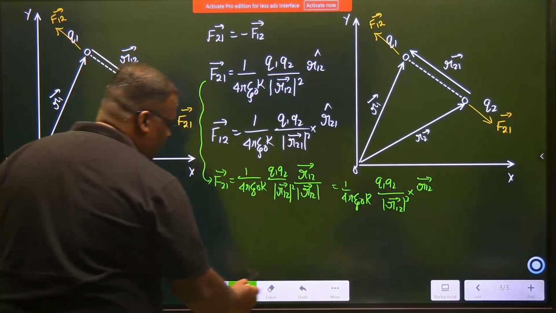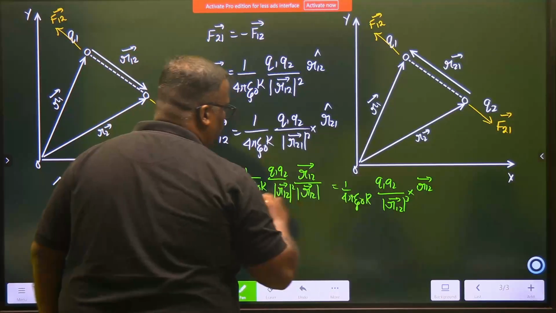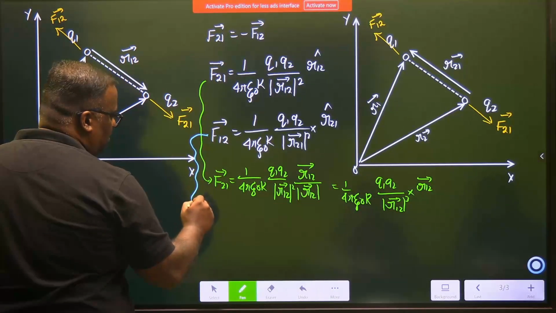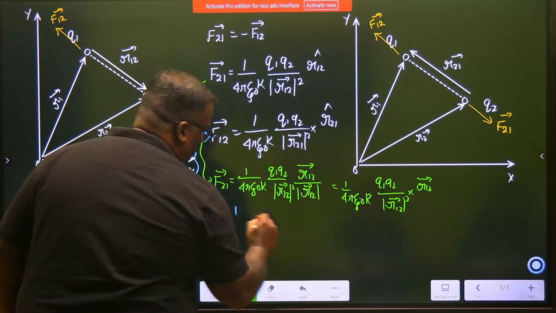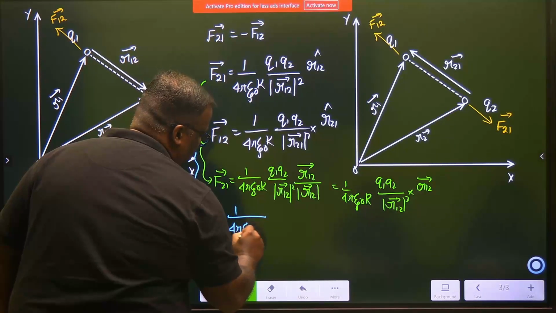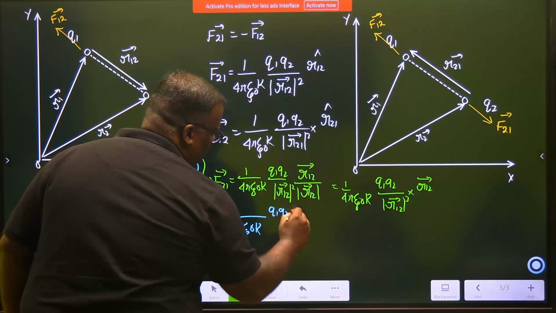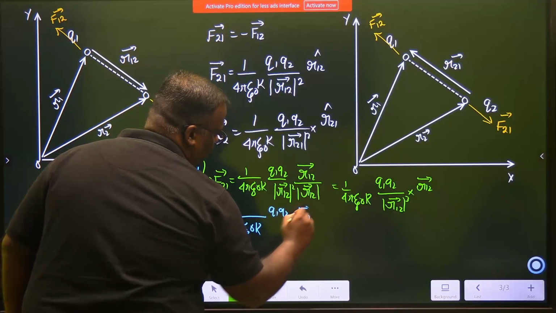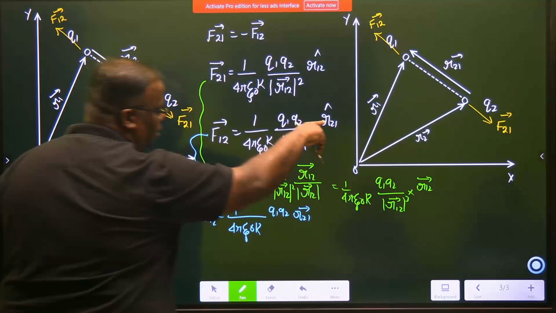And similarly, in the same lines, this force can be now represented as F12 vector equal to 1 upon 4 pi epsilon naught K Q1 Q2 R21. I'm trying to open up this unit vector.